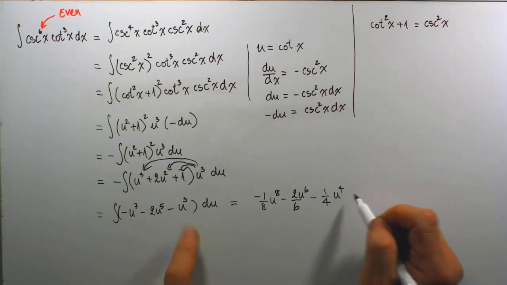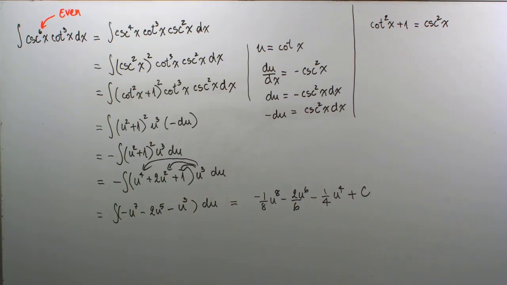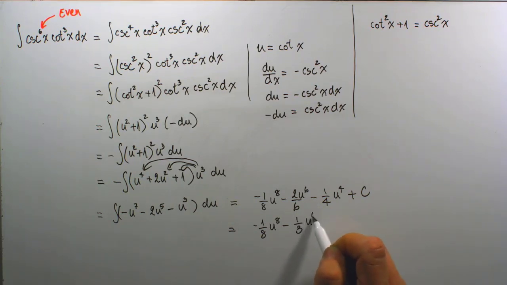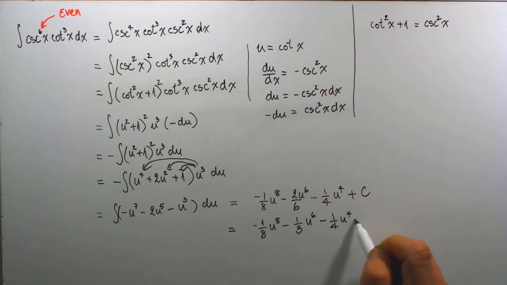And don't forget a plus c. All right. And so for this integral now, for the middle term, we can rewrite it as minus 1/8 times u to the 8th, minus 1/3 u to the 6th, minus 1/4 u to the 4th, plus c.